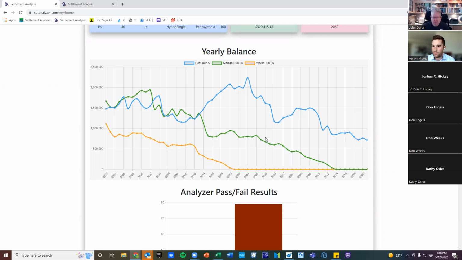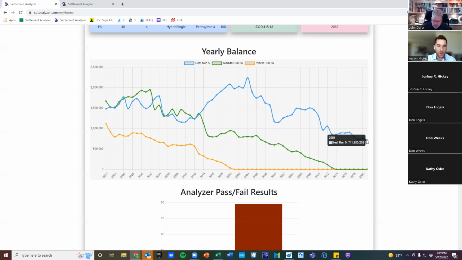The green chart that you see there is our average run or our median run. That is half the time what is expected to happen. And our blue run is our best case scenario. And you can see if you look over here and you can actually interact with the different pieces, you'll see that it still had over $700,000 left in the account at the end of the 60 years, which is fantastic.